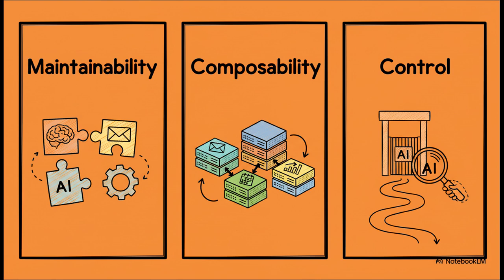Second, and this one is huge, composability. You can build a whole collection of specialized servers, one for your email, one for your calendar, another for your database. Then you can just mix and match them like Lego bricks to build these incredibly powerful and complex AI systems. And finally, control. This whole standardized setup gives you a much clearer and more accountable way to see and manage exactly what your AI is doing.